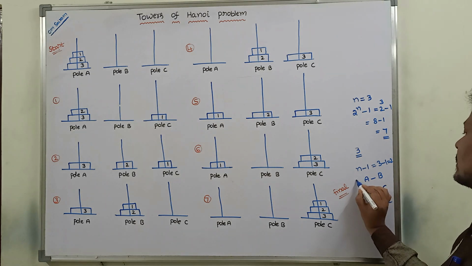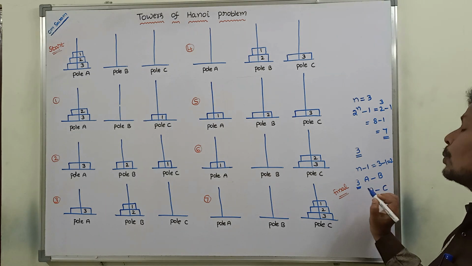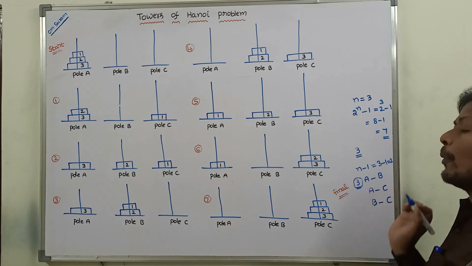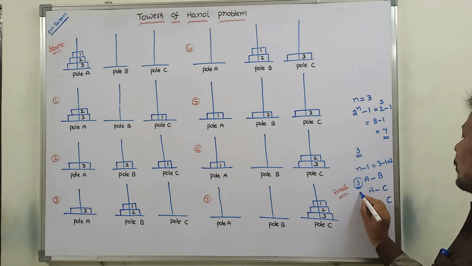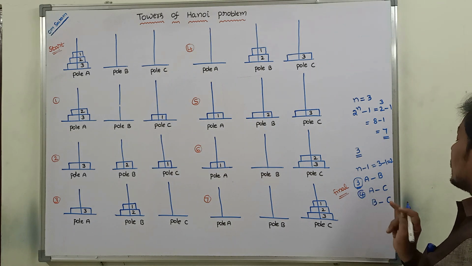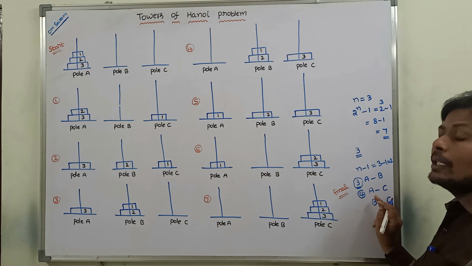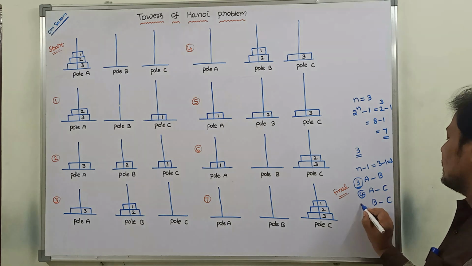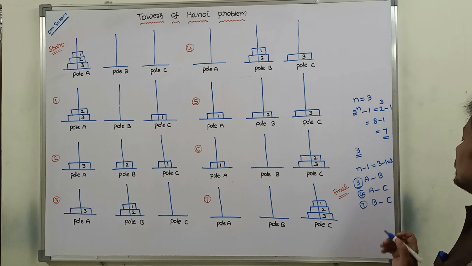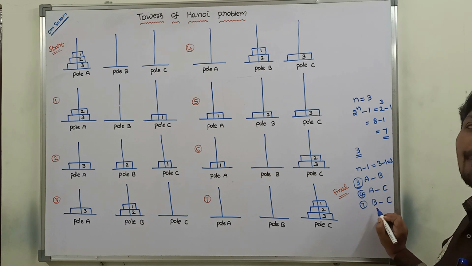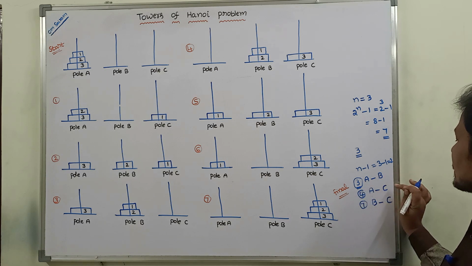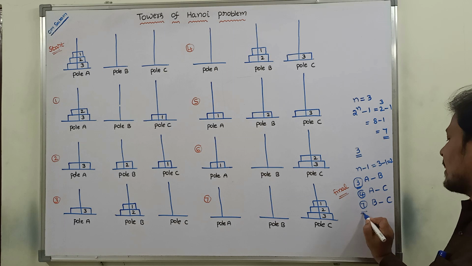So the first 3 steps are required to transfer n minus 1 discs from pole A to pole B. The fourth step is to transfer the remaining disc on pole A to pole C. The remaining 3 steps transfer the n minus 1 discs on pole B to pole C. So 3 plus 1 plus 3, that is a total of 7 steps.